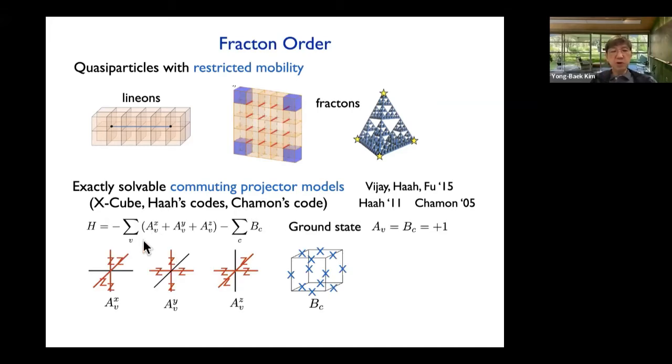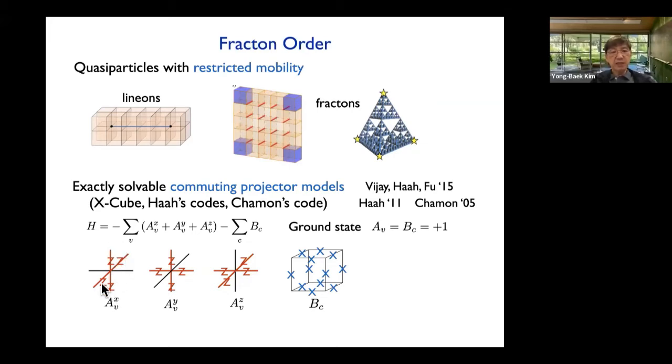The model is very simple. It is defined on the 3-dimensional cubic lattice, and there are 4 terms in the Hamiltonian. For the first term, you take, for example, a YZ plane in three-dimensional space.